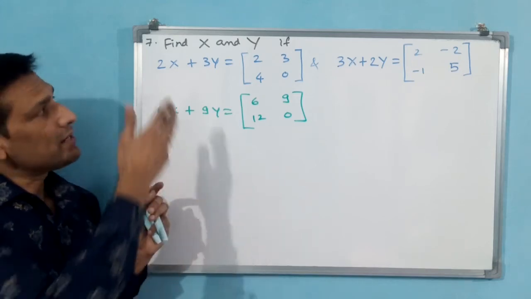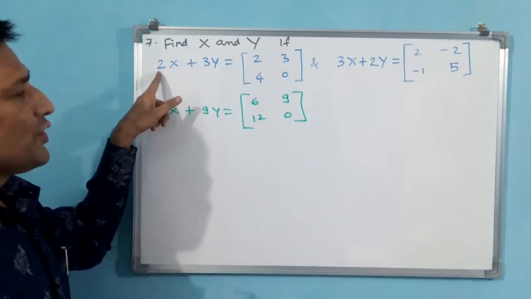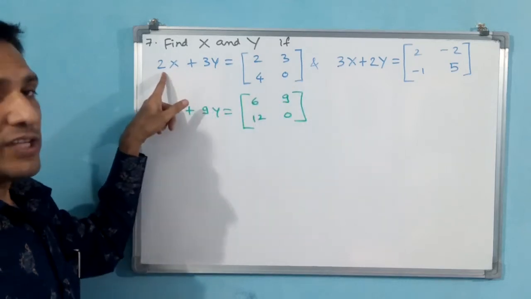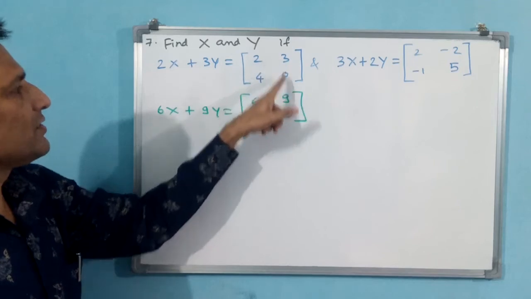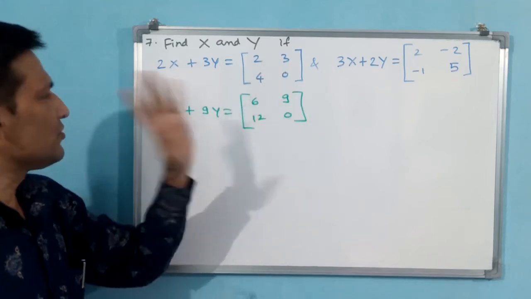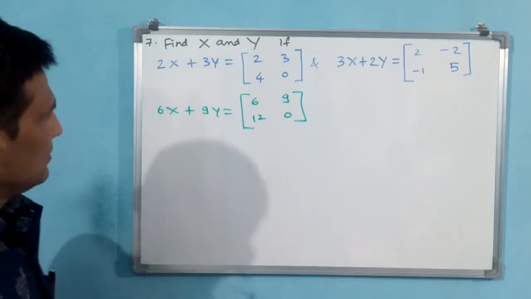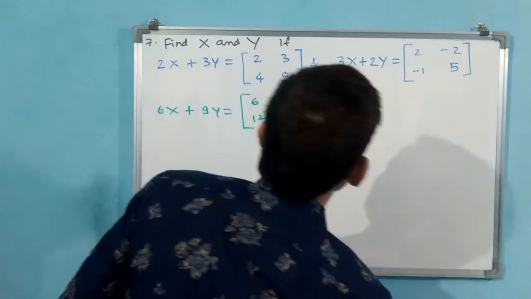I have not written it, but in my mind, in my brain, I have made the calculation. 3 into 2. Why? Because here also with 2 I will make 6x. 3 into 2, 6x. 3 into 3, 9y. 3 into 2, 6. 3 into 3, 9. 3 into 4, 12. 3 into 0, 0. Now we have got this one. Okay. I will write it, or else I will write here.